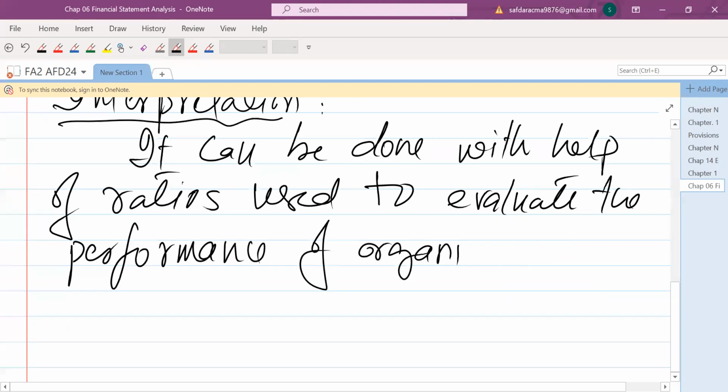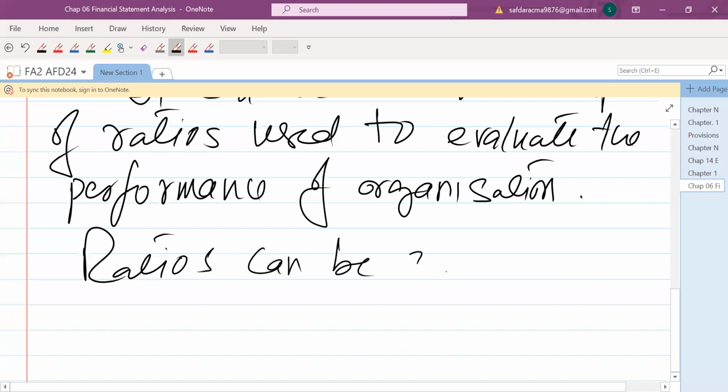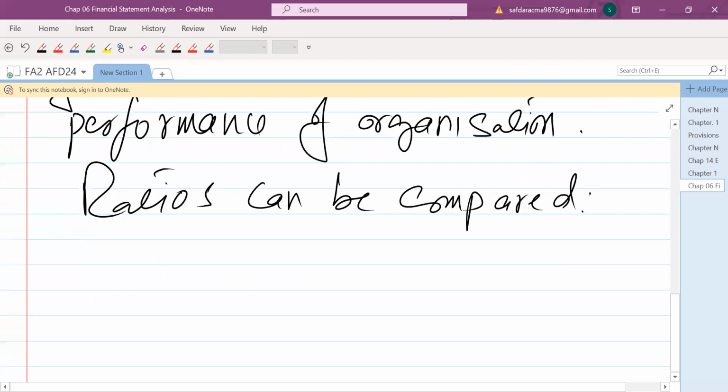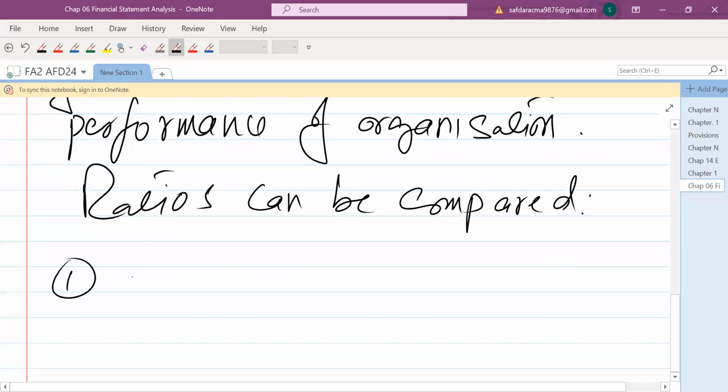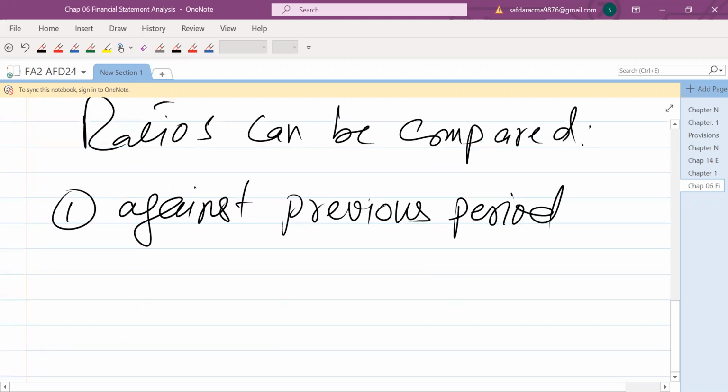And ratios can be compared, number one, against previous periods.